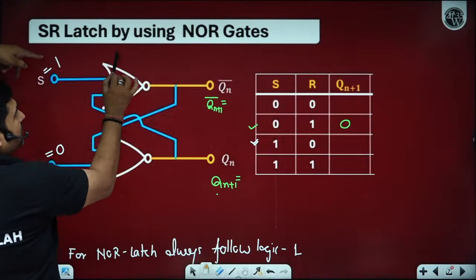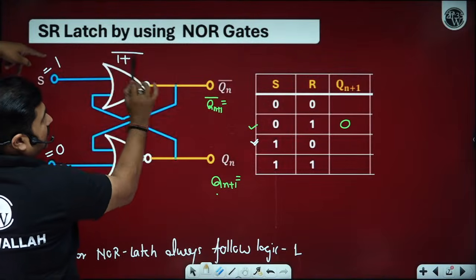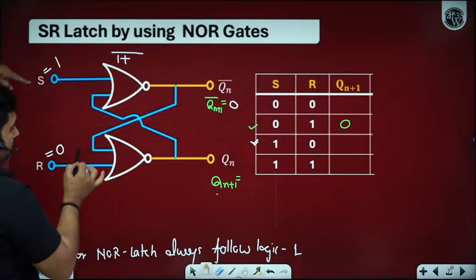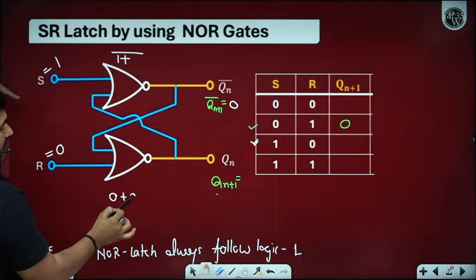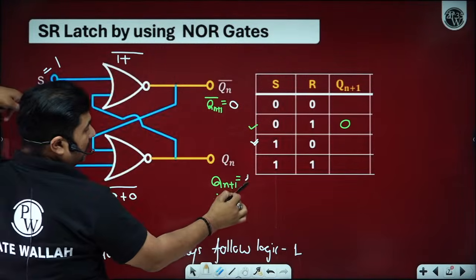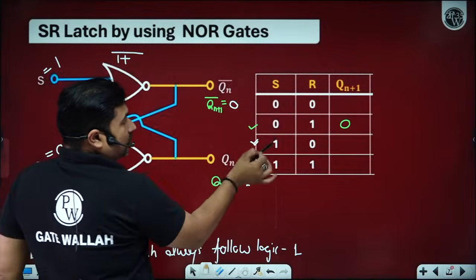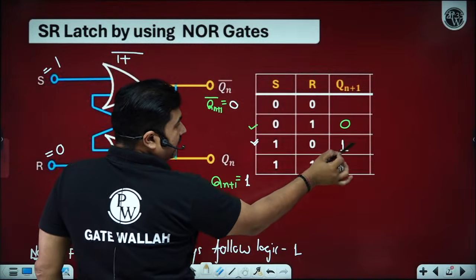If S is equals to 1, 1 plus anything is 1, its complement is 0. Now this 0 is coming here. 0 plus 0 bar, this is 1. So for S is equals to 1 and R is equals to 0, we are getting 1.